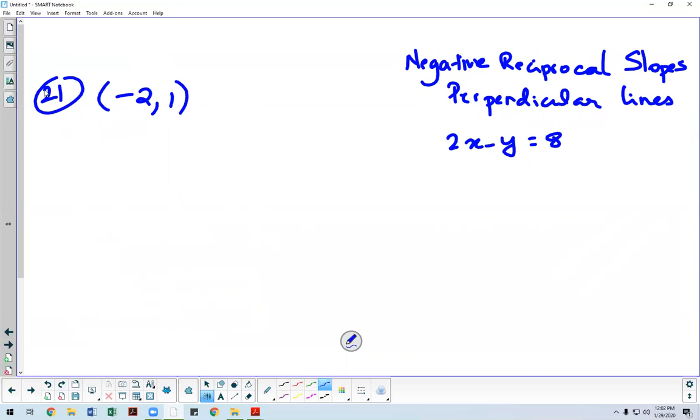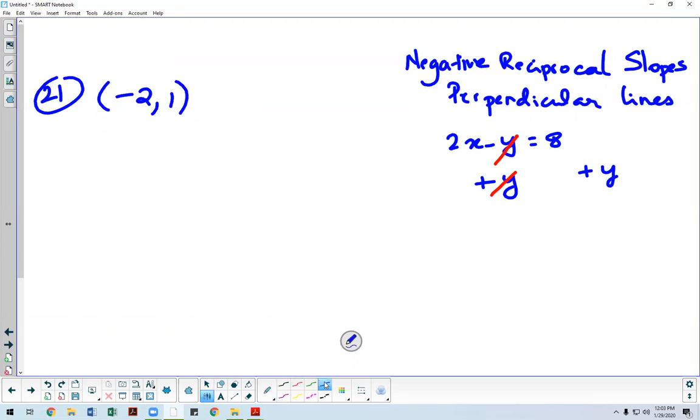So to be able to get the slope out of this line for the perpendicular line, we need to get y by itself again. So you can start by subtracting 2x, or just to show you a little bit of a different calculation, I'm actually going to start by adding that y and moving the y to the other side.